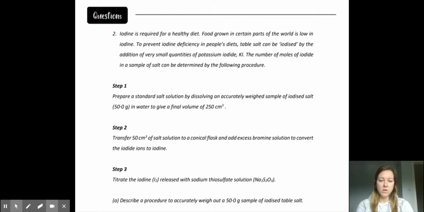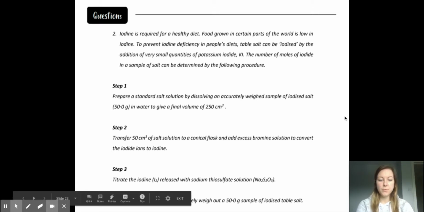table salt. So whenever we are trying to weigh something accurately, like the vitamin C tablet in our experiment, or this sample of iodized table salt, we are going to weigh using the tare function of the balance. Now, most people will have absolutely done this before.